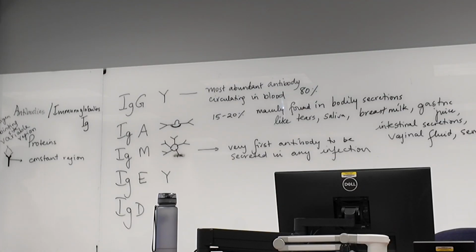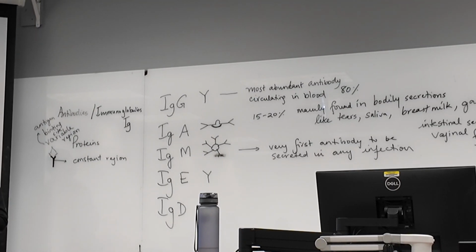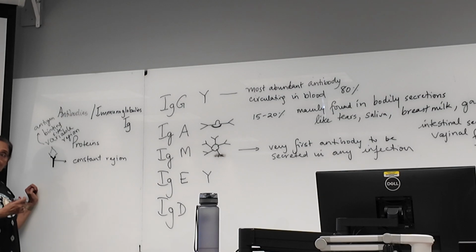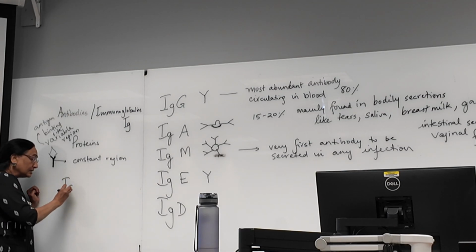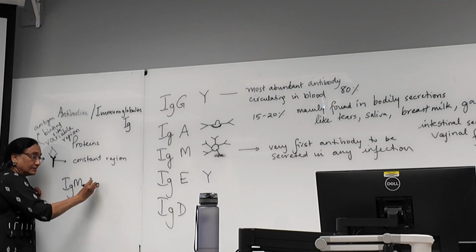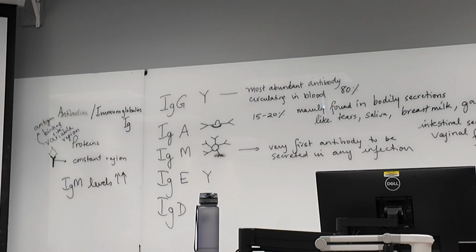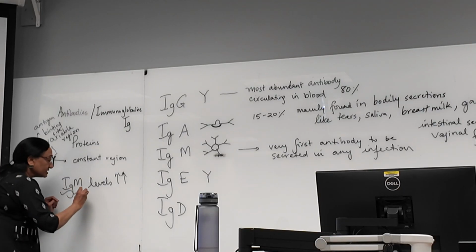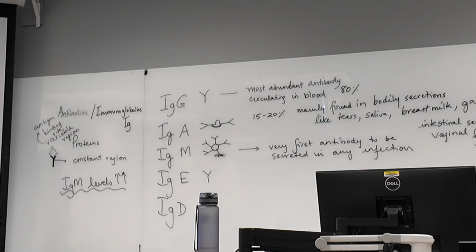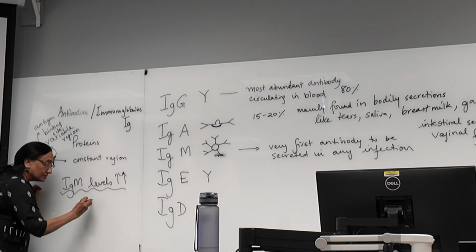The person seems fairly normal, no symptoms, nothing. But when I test the blood, I find that IgM levels are very high. Then I know that this person is undergoing a recent infection. Even though they may not have any symptoms, I know that there is an infection going on because this is the very first antibody to be secreted. So that means the infection is there. It's a recent infection.